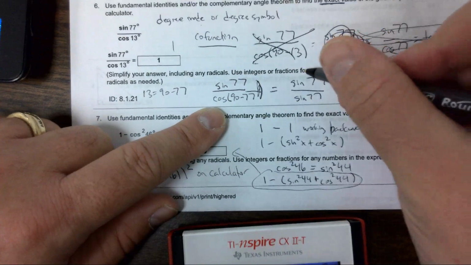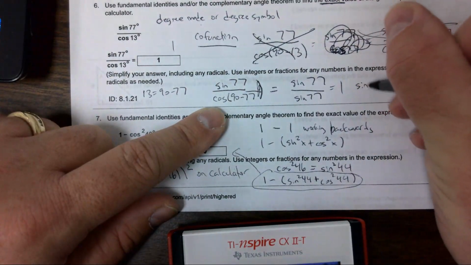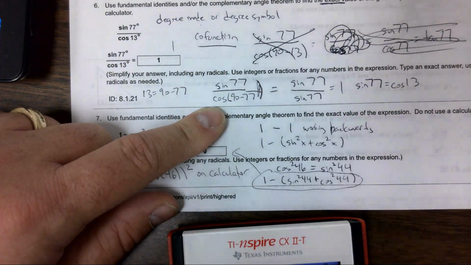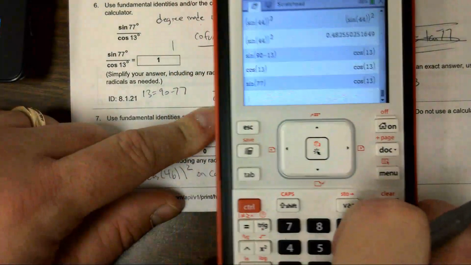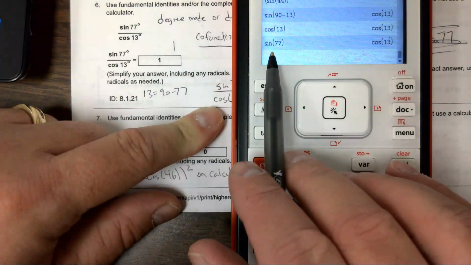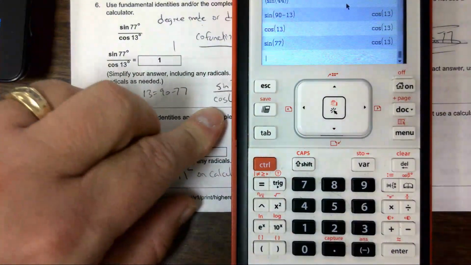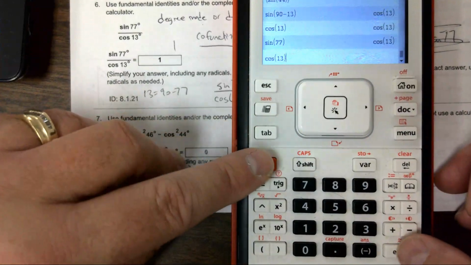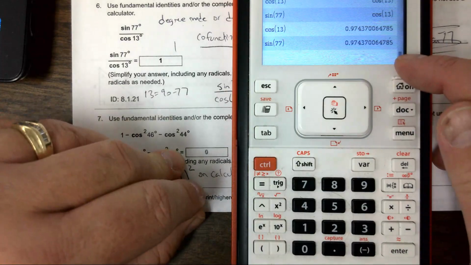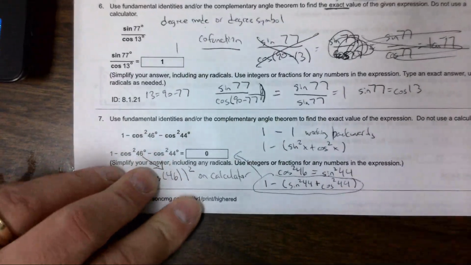And so that's how that just cancels and becomes 1. Because sine 77 is the same as cosine 13. I can even show you in the teacher calculator. Sine 77 reduces to cosine 13. Now what y'all would probably do is just get the decimal of this one, and they match. So that's what I was trying to do earlier, but now it's all cleared up.